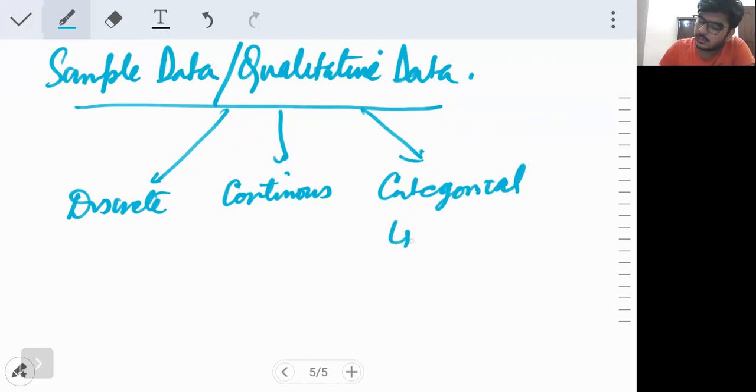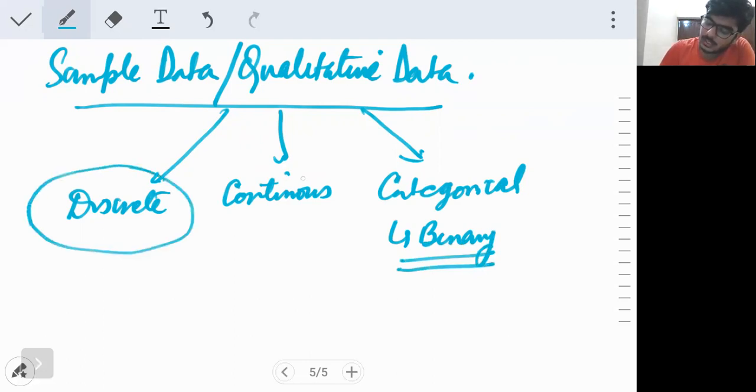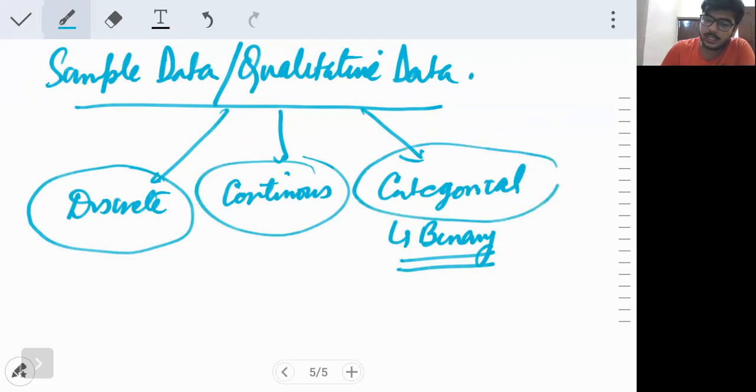Under categorical, we will see the binary data. The main purpose of studying the data is to summarize the responses and try to find information about the population.